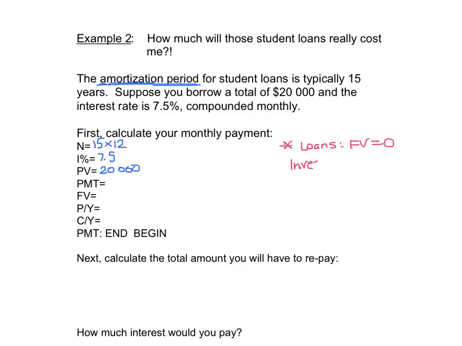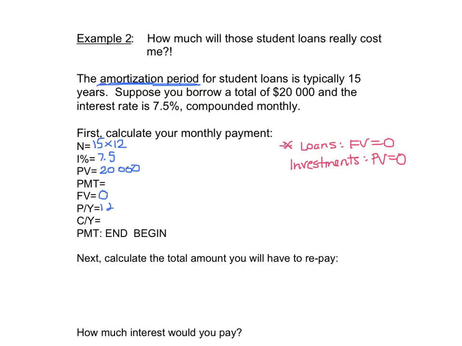But for investments, where you're saving your money, the present value is 0. So with an investment, you're starting at 0, working your way up to whatever value it is you're saving. With loans, it's the opposite. You start with what you've borrowed, and at the end, you deplete that down to nothing.